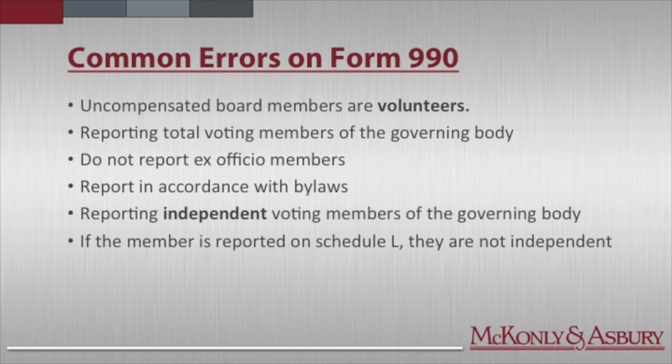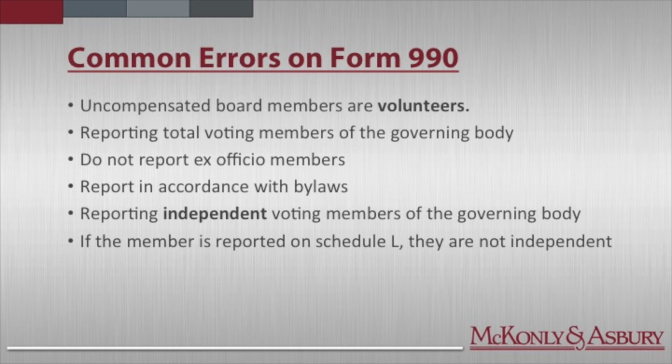Another thing is independent voting members of the governing body. If a member of your governing body is reported on Schedule J, or Schedule L, I'm sorry, which we just talked about regarding related parties, then they become not independent. You're having those business transactions with a board member.